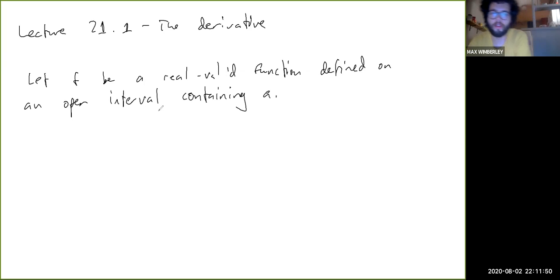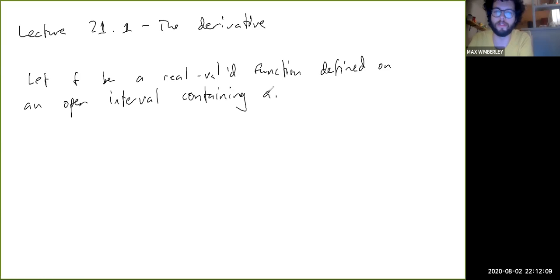Of course, f could be defined at other places too, not just on this open interval. But the point is that it actually has to be defined on some open interval containing a, at least. It could be a very small open interval.